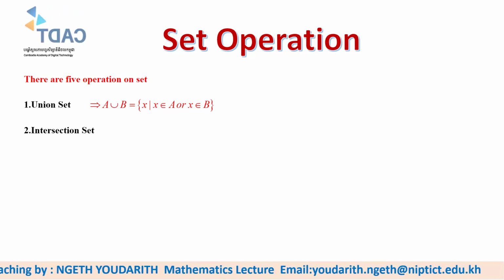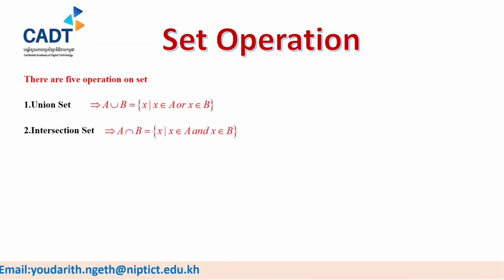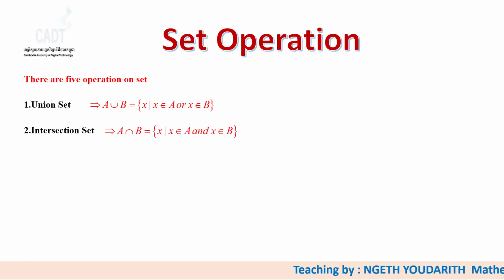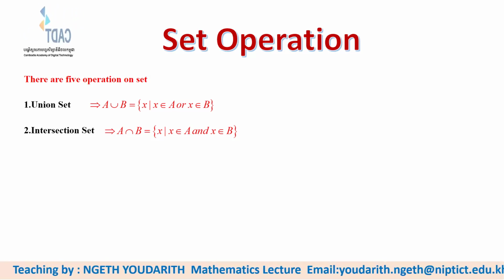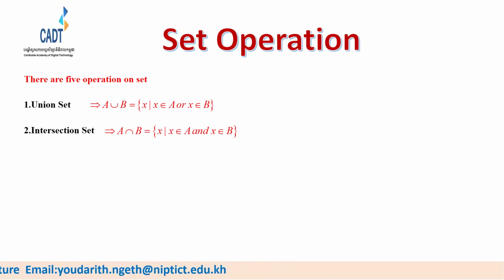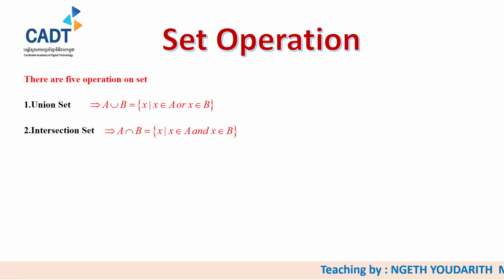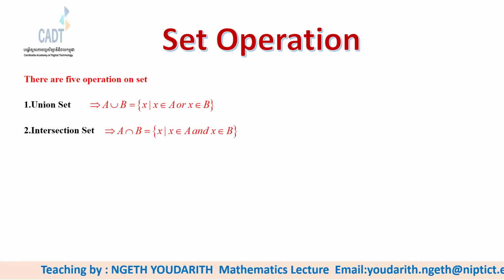The second, talk about the intersection set. Intersection set means that A intersect B, or A and B, equals X, where X is an element of A and B, such that X belongs to A and X belongs to B. Just take the elements that are in both A and B. The other elements, which are only in A or only in B, are not in the intersection.